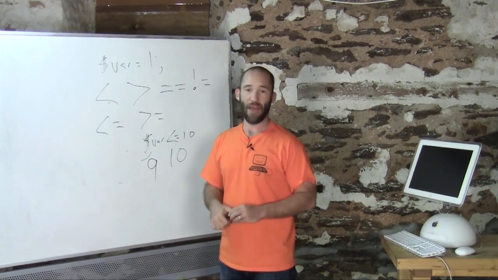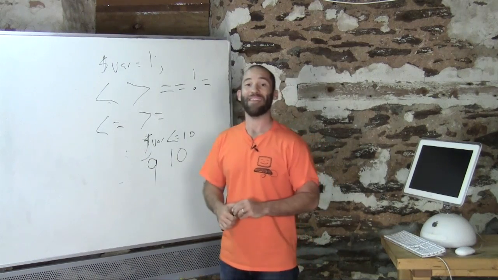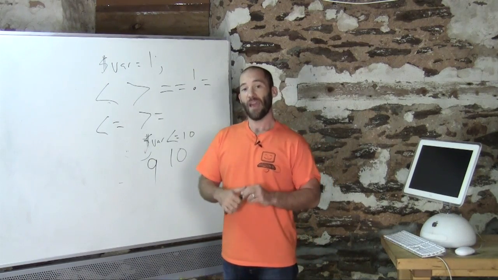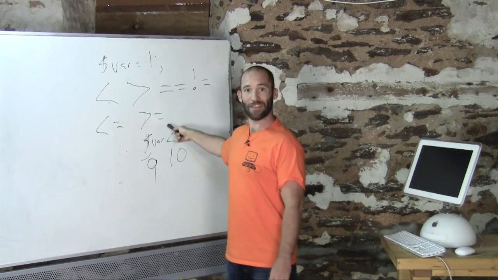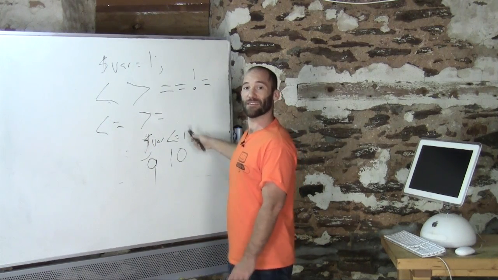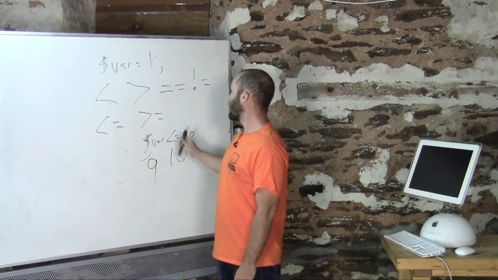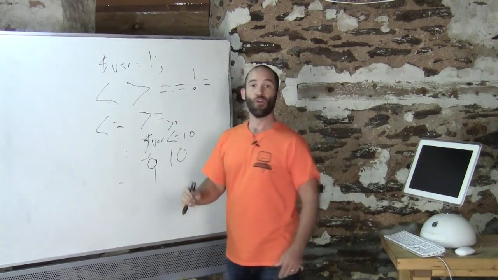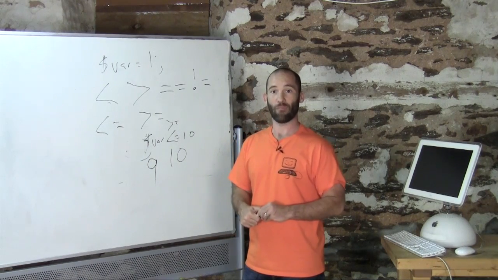So this is one of the things you do have to remember once you start doing PHP programming: you don't have to know ultra complicated math. You don't have to know calculus and trigonometry and all that, but you do have to have a basic understanding of math. And if you're a little confused, just play around. Sometimes make it so the var is less than 10 and sometimes make it less than or equal to. This less than or equal to or greater than or equal to really can help you out sometimes so that you don't have problems.